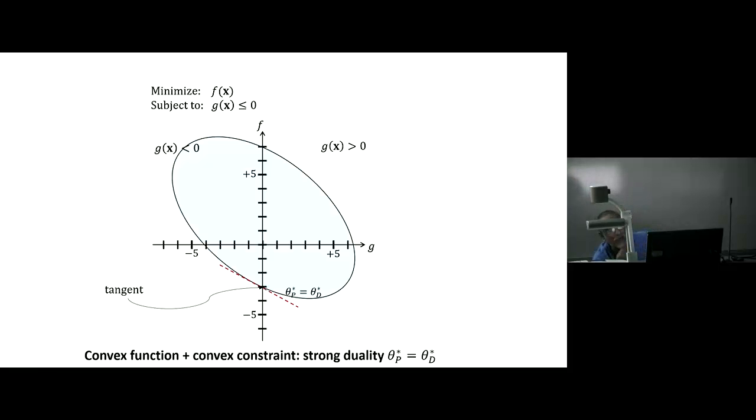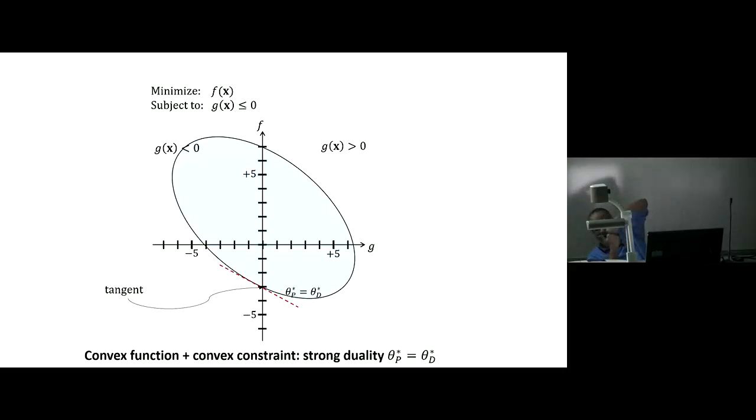Now what's the value of lambda? This red dotted line seems to have a slope of around -1, correct? So lambda equals -1 in this case. And what can you say about g here at the saddle point?